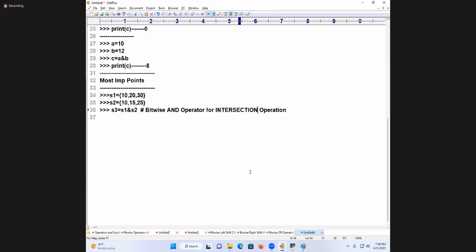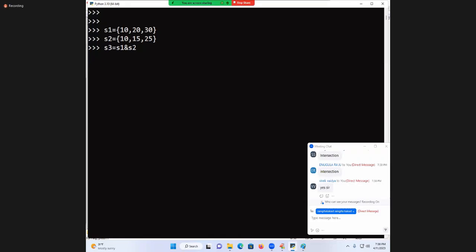Start off. S1 is equal to, S2 is equal to, students. Please follow me. 10. Don't forget the flow, please. What is 10 selection? 1 and 1. What is that? 1. Be careful.